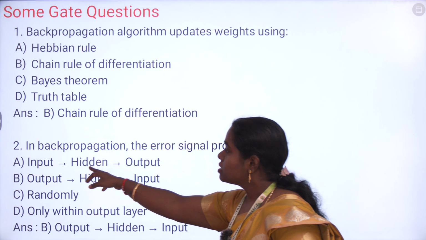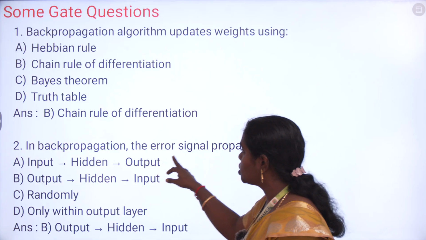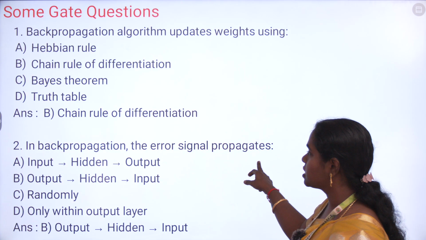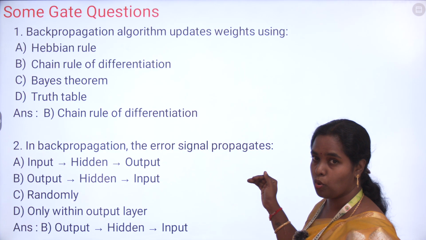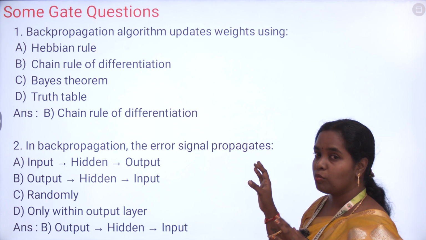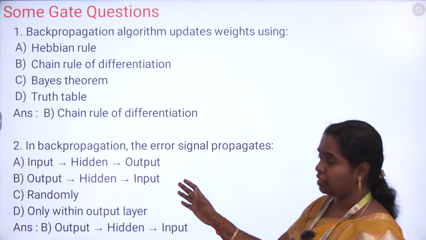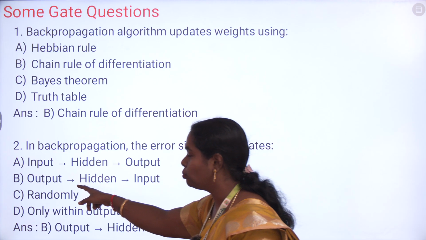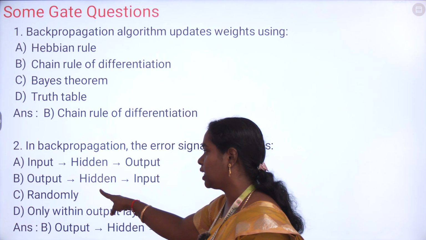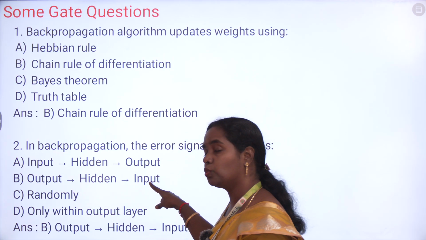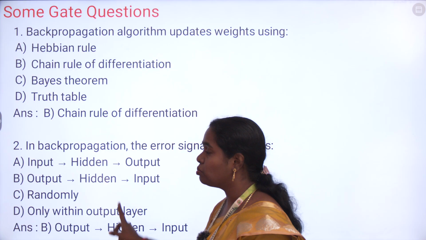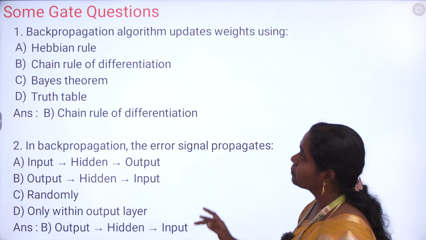Next, second one: in back propagation, the error signal propagates backward. So the data moves from right side to left. You will get the output first, after that the hidden layer, then you enter into the input layer. So option B is the right answer.